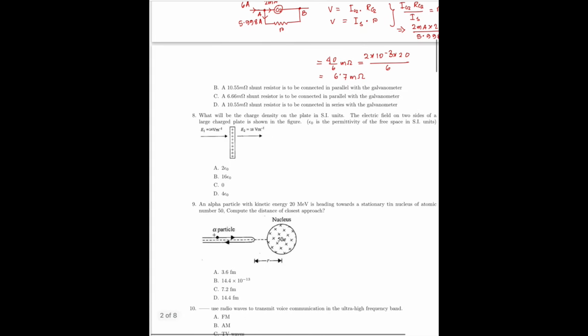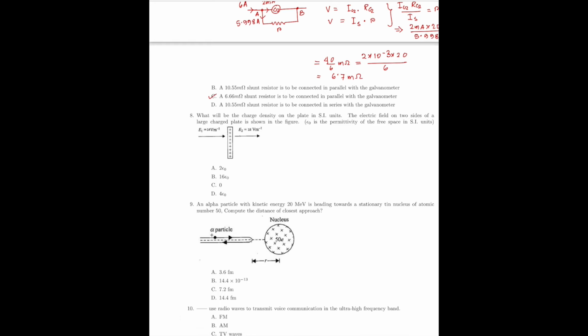For calculational simplicity, you can take 5.998 as 6. So we will have 40 by 6 milli ohm, that is equal to 6.7 almost. So option C is the correct answer.